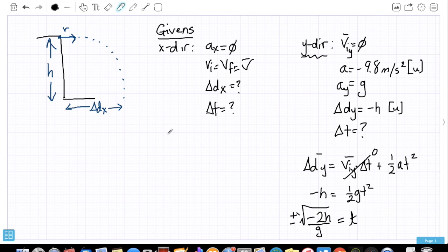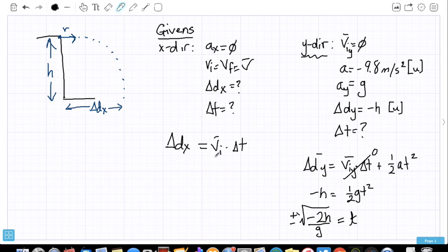Okay, so now let's figure out our relationship for the x direction. And this one is simply the same relationship actually. But in this case, a is equal to 0, so this term goes away. And so we're just writing this term right here. So that equals v_i delta t.